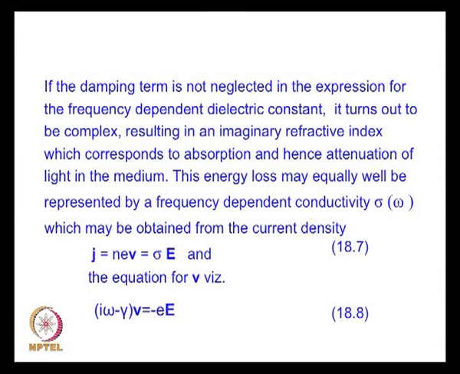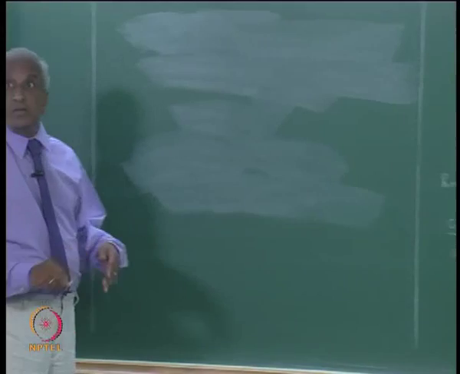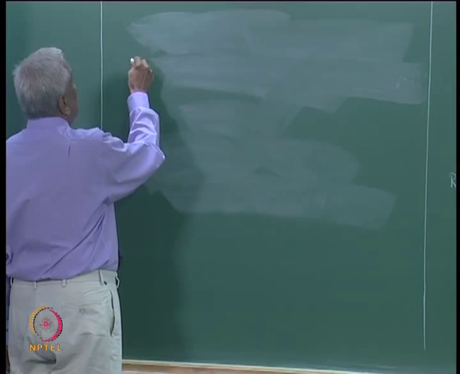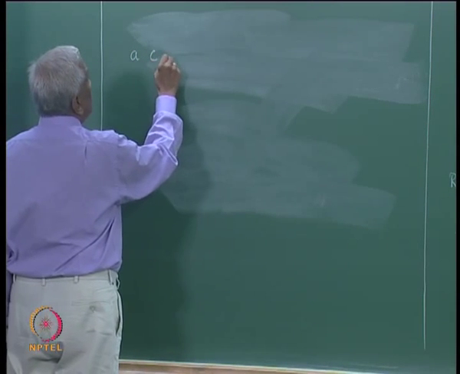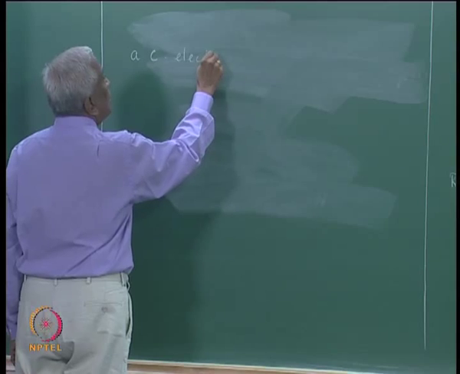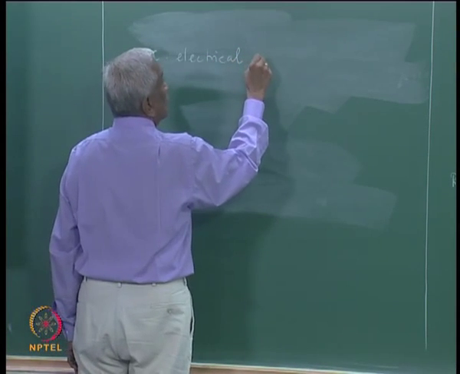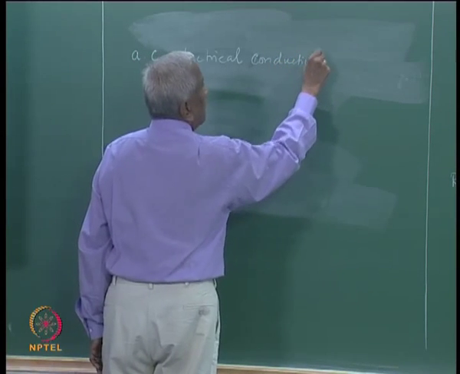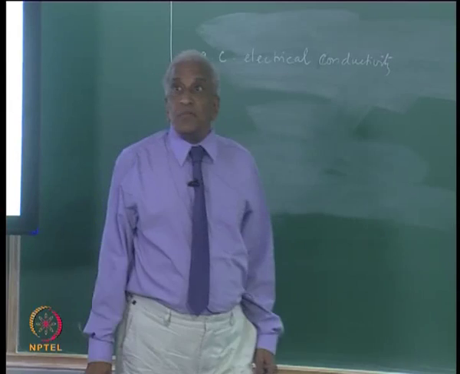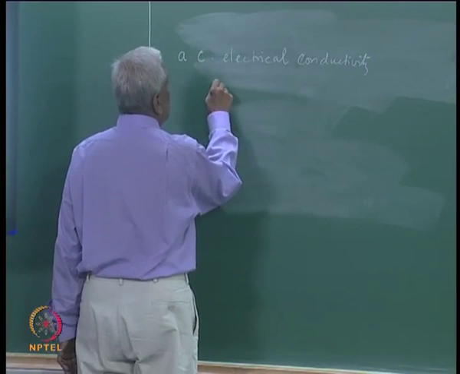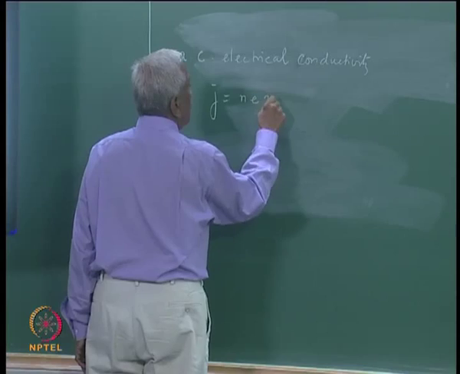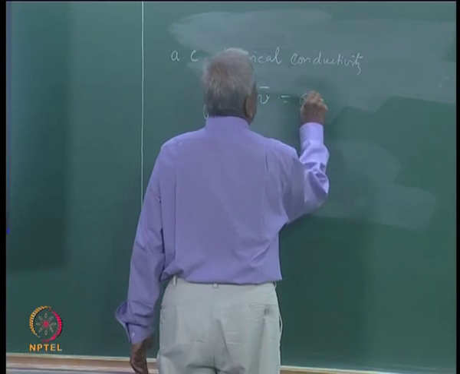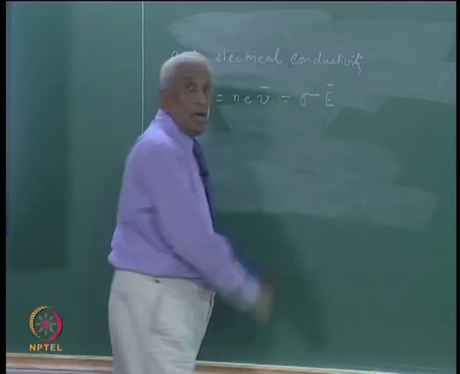When the incident wave has a time dependence, you have an AC response, and therefore this is known as the AC electrical conductivity, in contrast to the DC conductivity of a metal, which we have already discussed. Now, this can be discussed again in the same formalism with which we discussed the conductivity, in terms of the current density, which is N e V, and this is equal to sigma E by Ohm's law.